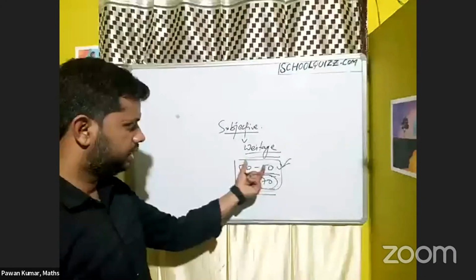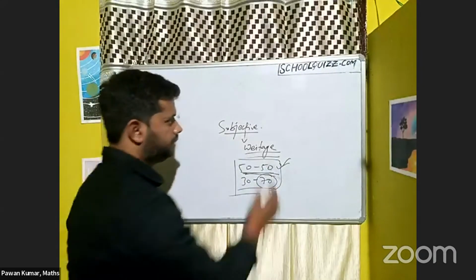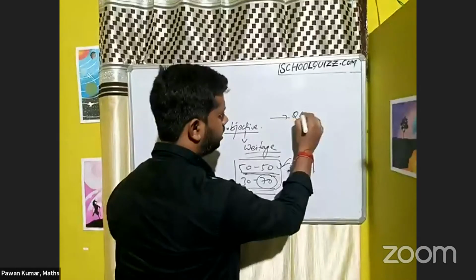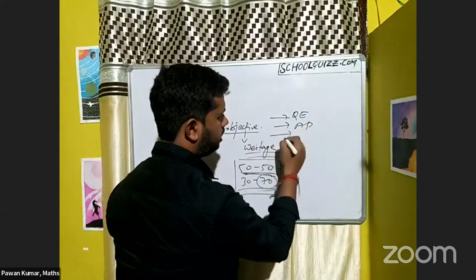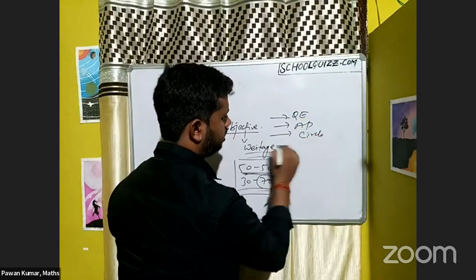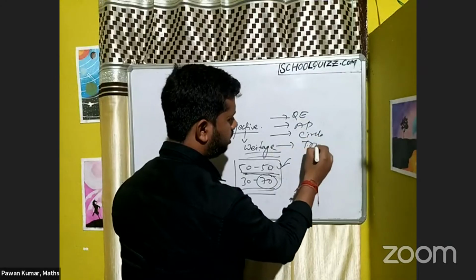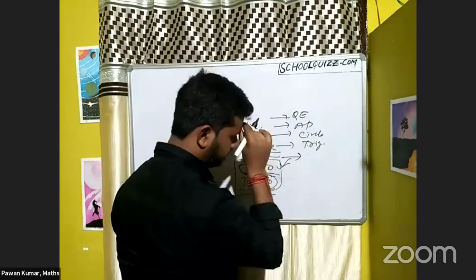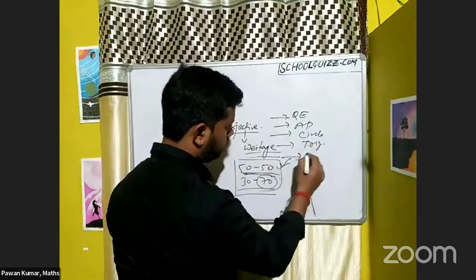So if they are including this one, because whatever chapters we have are quadratic equations, arithmetic progressions, I think circles, then applications of trigonometry, and construction.